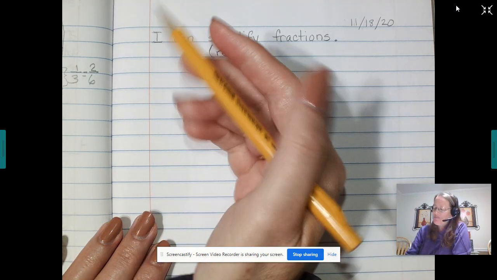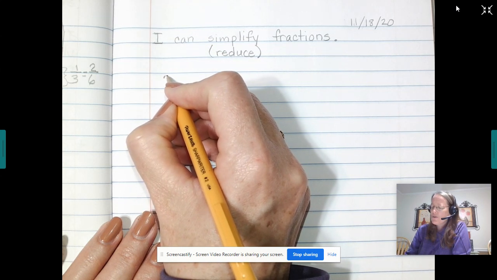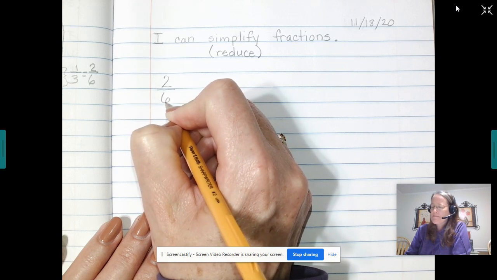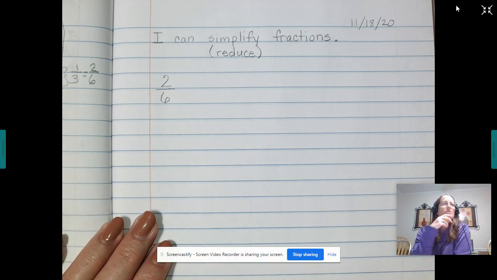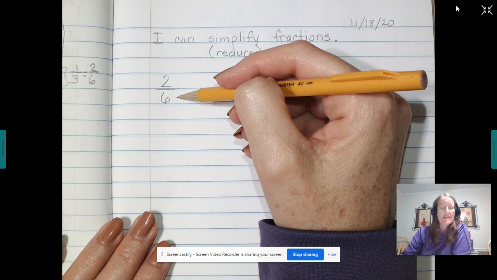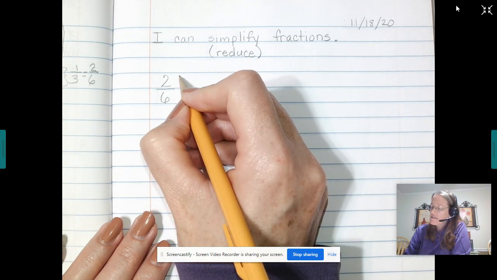Here we go. Look at the fraction 2 sixths. Well, we learned a couple days ago that you can create equivalent fractions by multiplying the numerator and the denominator by the same number, and that would create an equivalent fraction, just like this.